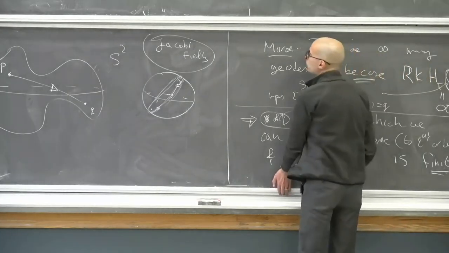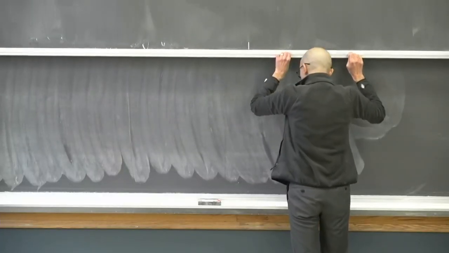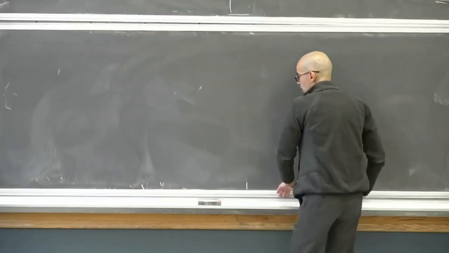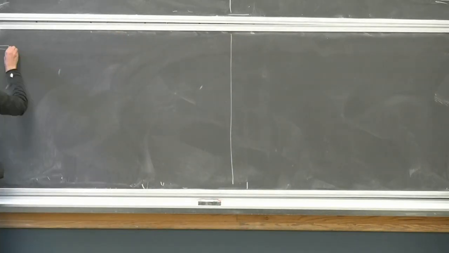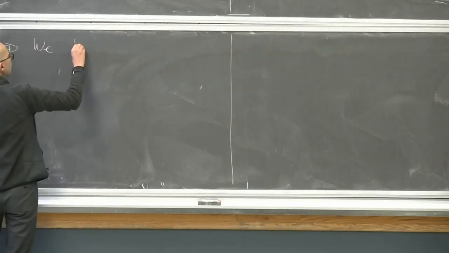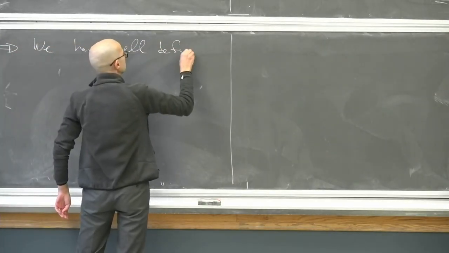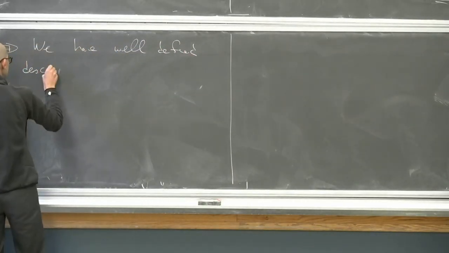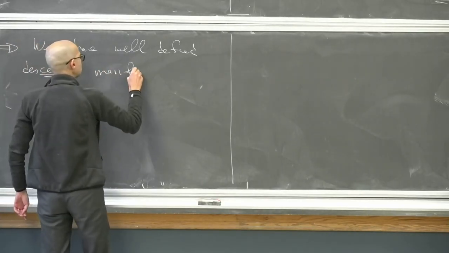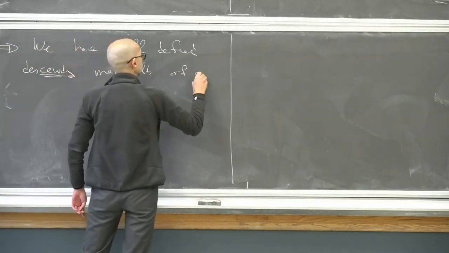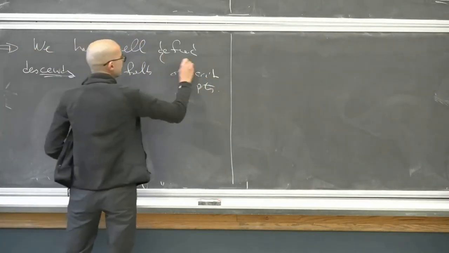So even though you're doing some computation in some infinite dimensional space, you have the same feature that occurs in the finite dimensional space, which means we have well-defined descending manifolds of critical points. By well-defined, I mean they're finite dimensional.